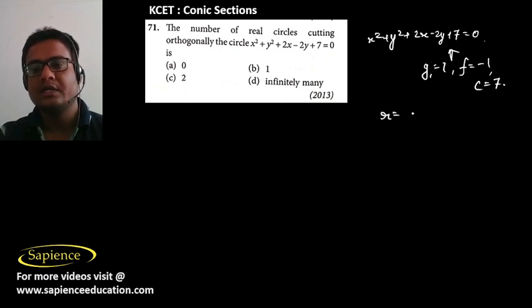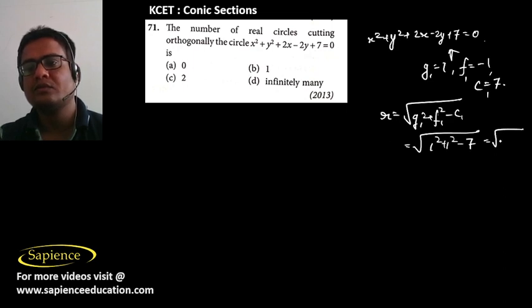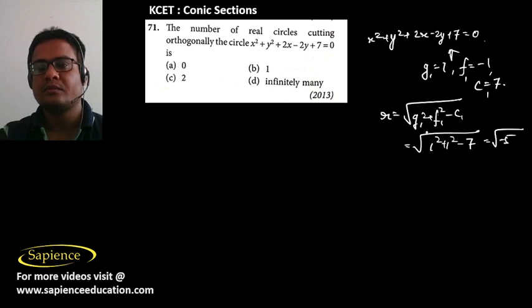So the radius of this circle is square root of g1 square plus f1 square minus c1, that is square root of 1 square plus 1 square minus 7, which is square root of minus 5. So the radius is not real, therefore it is not a real circle.